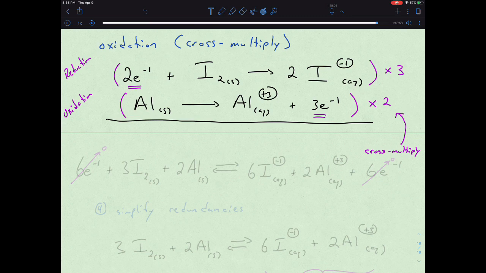And we can sum these reactions up. And so we end up with 6 electrons plus 3 iodine, that's our top reaction, plus 2 aluminums produces 6 iodides, 2 aluminums that are +3, and 6 electrons.